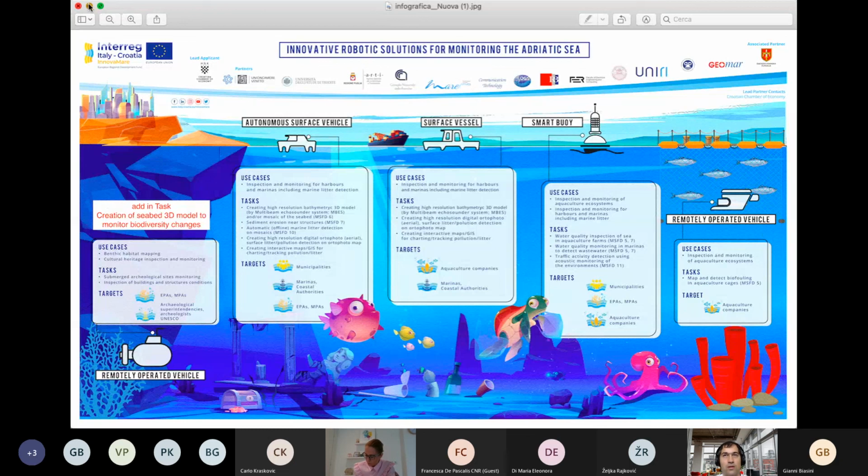We have been working on that also for many years in this workshop that we have, Breaking the Surface, where we have not just marine robotics, but also applications. In that case, we have mostly robotics, archaeology, geology, and maritime security.